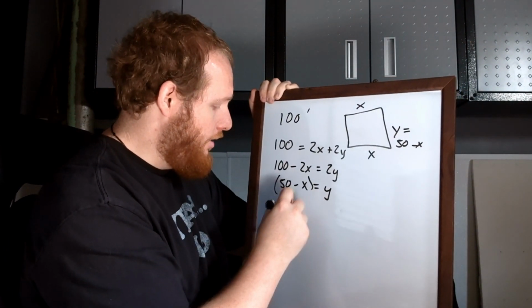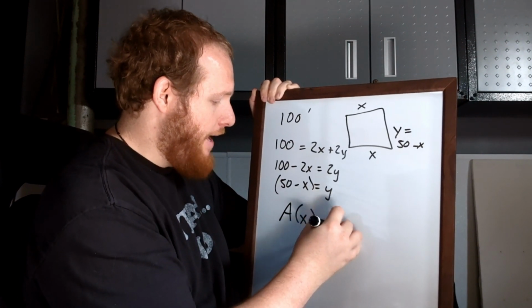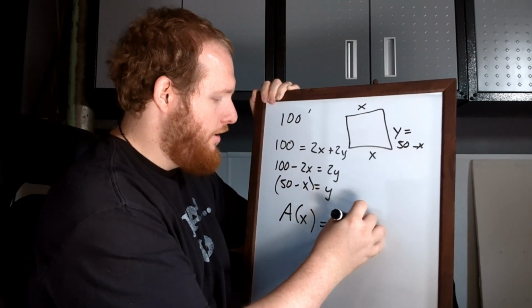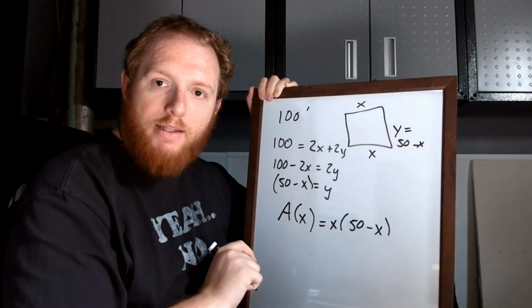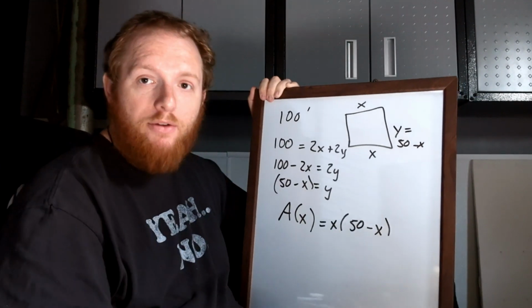So our area, dependent only on this X variable, is going to be X times 50 minus X. Cool. So now we want to find the maximum value for that.